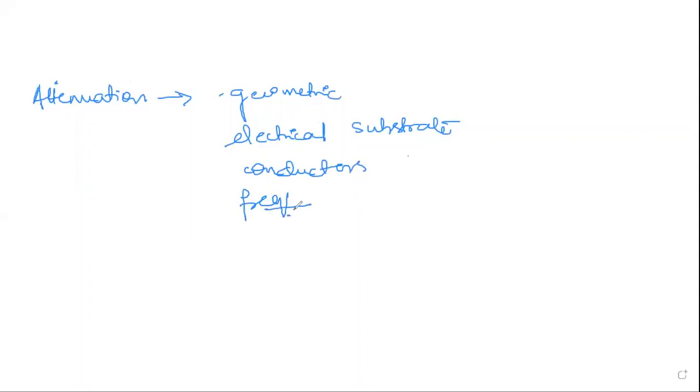So the attenuation constant of a microstrip depends mainly on the geometric factors, the electrical properties of the substrate as well as the conductor, and the frequency.